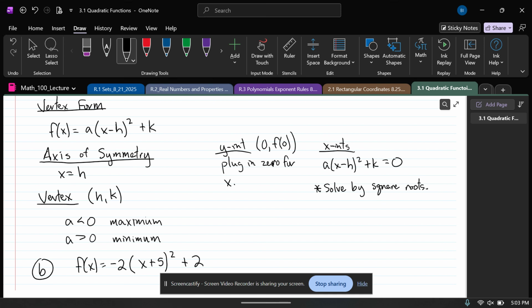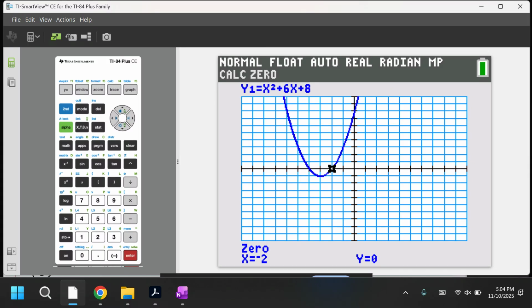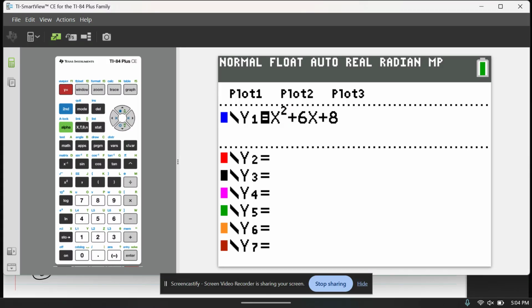Now, just like I did on example A, my first thing I'm going to do is graph it with the calculator, because that's going to help me a whole lot to see everything happening. Calculator, y equals -2(x plus 5), close the parentheses, squared plus 2.